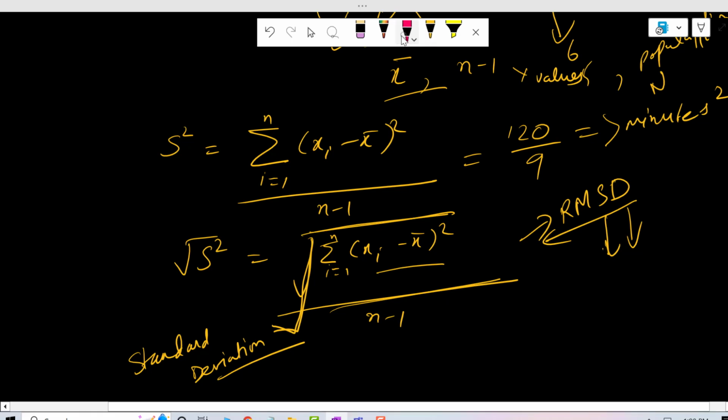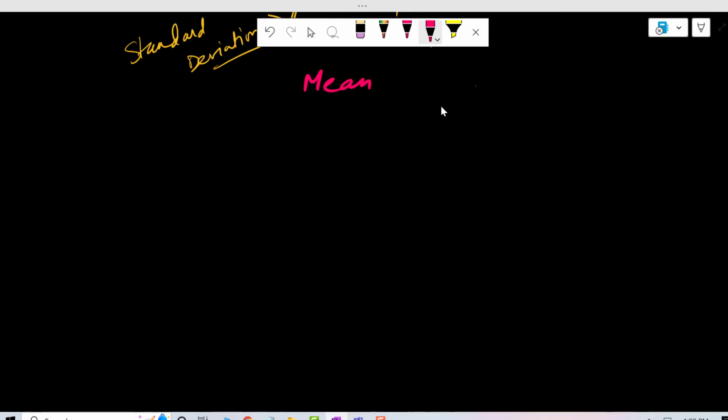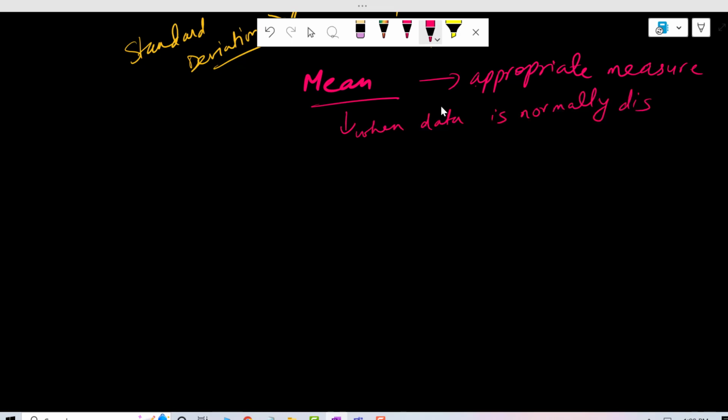Now let's talk about one more important point which we touched on when we talked about mean. When is mean the appropriate measure? When the data is normally distributed, or we can say when the data has symmetrical distribution, or when there are no outliers in the data, because mean is heavily influenced by outliers, and so will be the standard deviation.